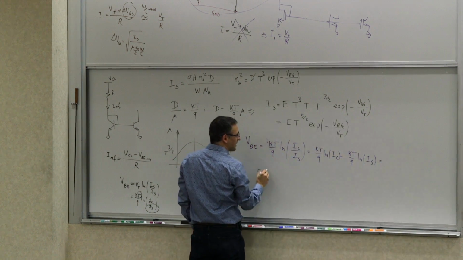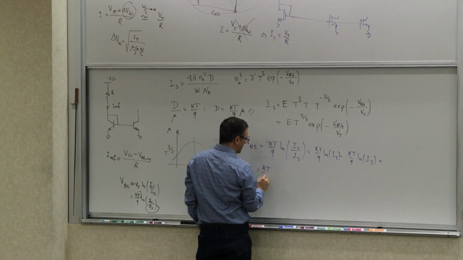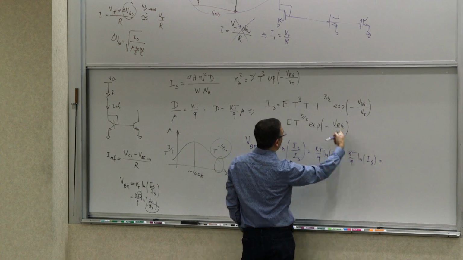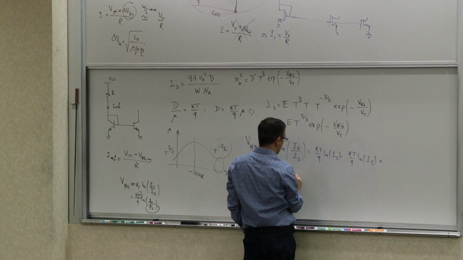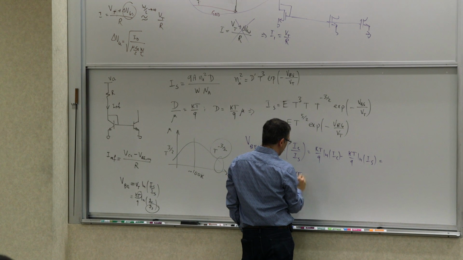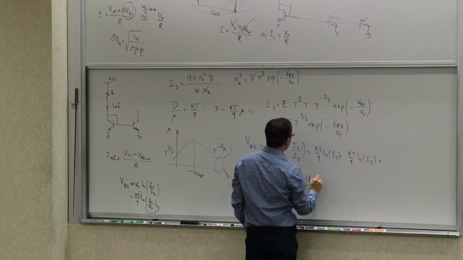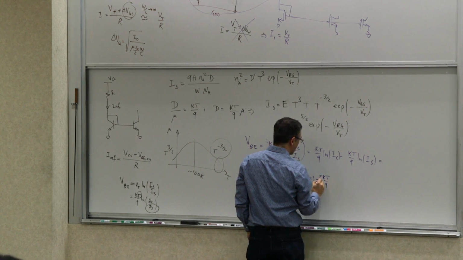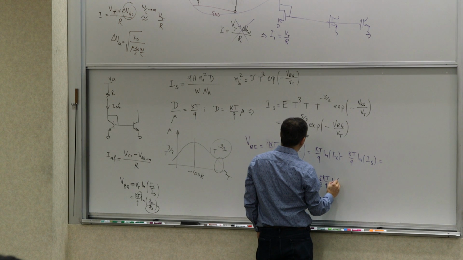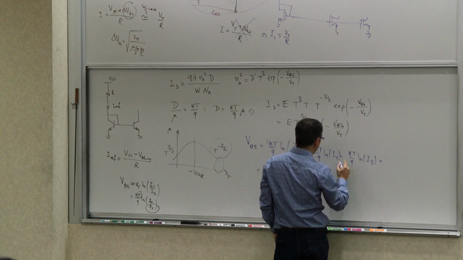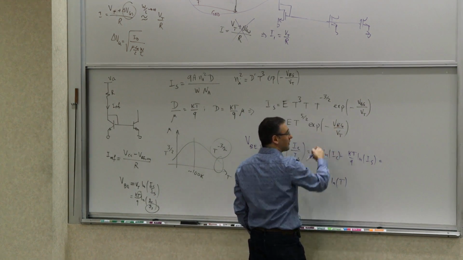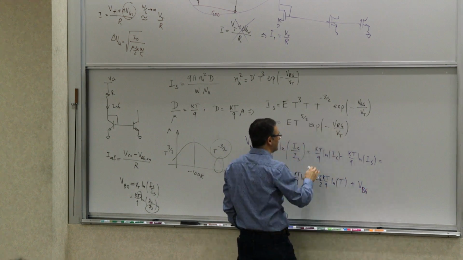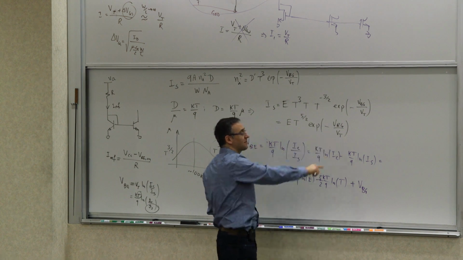So you get KT over Q, natural log of IC, minus, now you calculate the log of this thing, you get KT over Q, natural log of E, minus KT over Q, 5/2 of natural log of T, and then you get the natural log of the exponential, which basically gives you the VBG, the band gap, over VT.